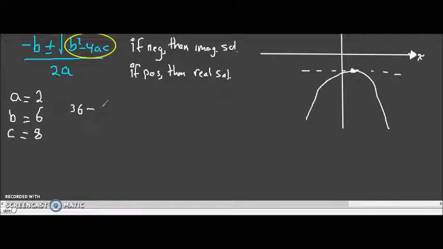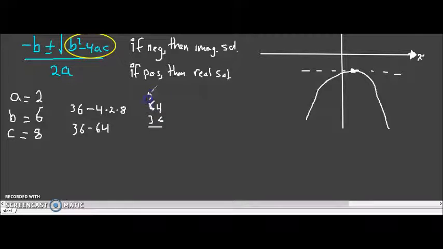And then we'll have minus 4 times a, which is 2, times c, which is 8. So that's 36 minus 64.